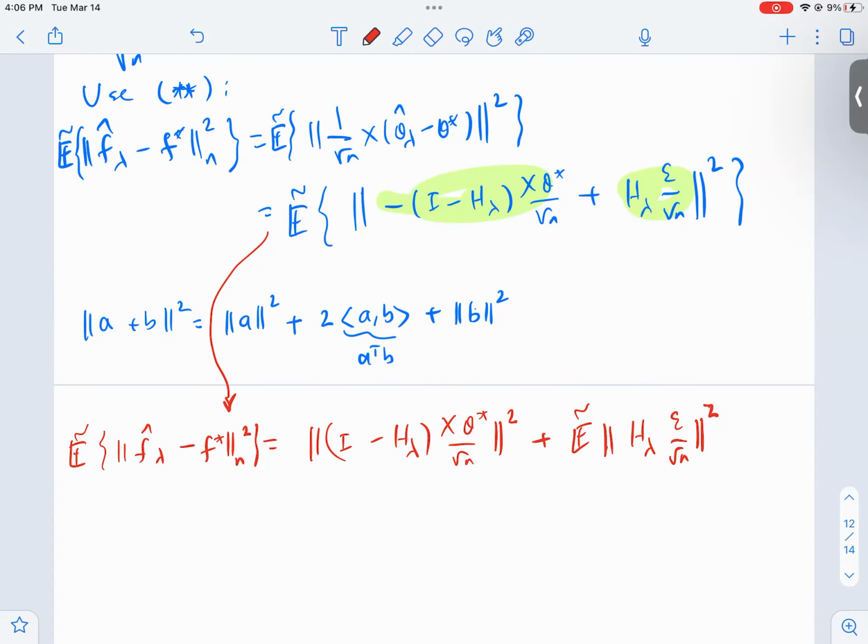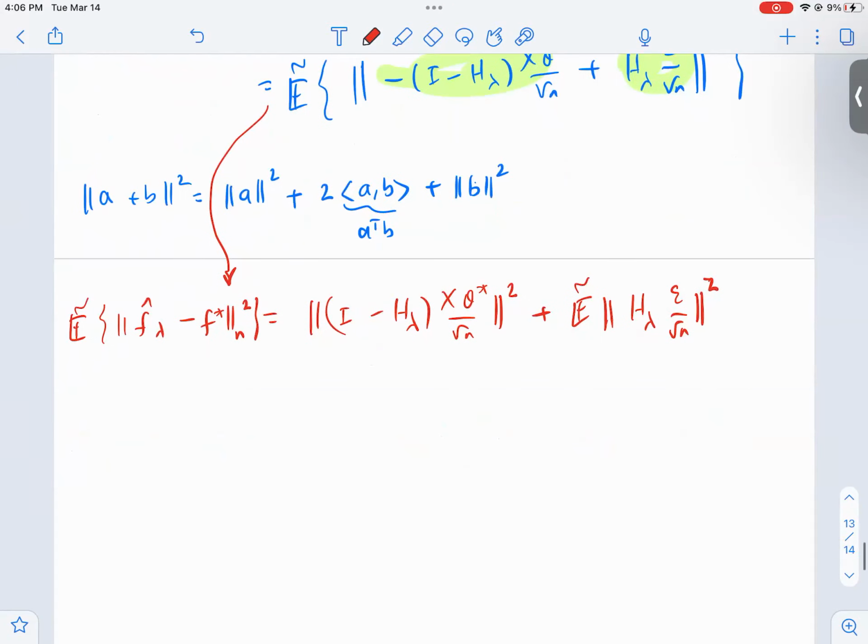So what next? So this term is going to be called, so this is a kind of decomposition that you've seen before.